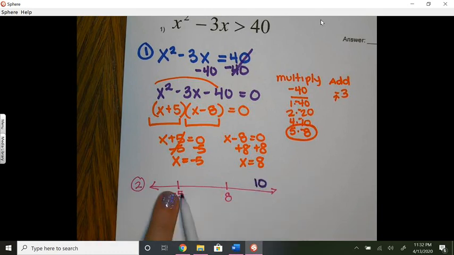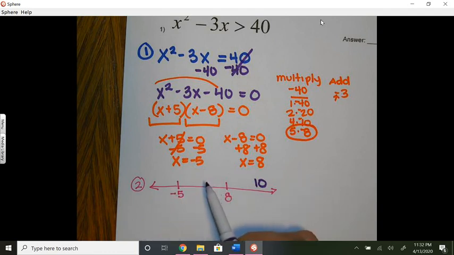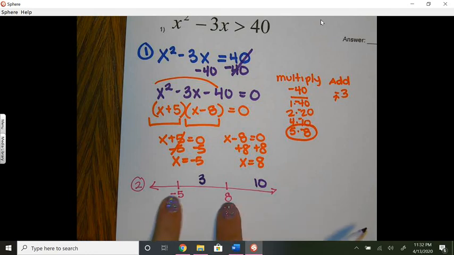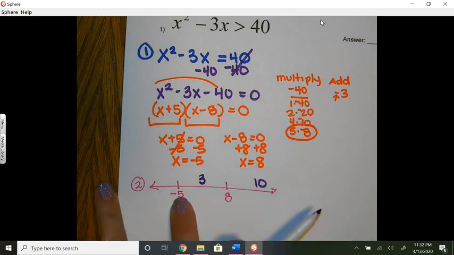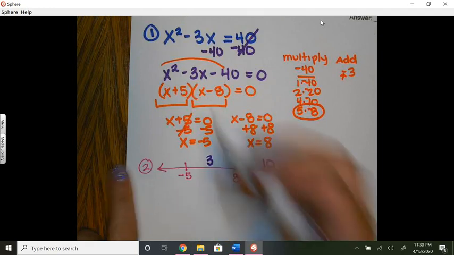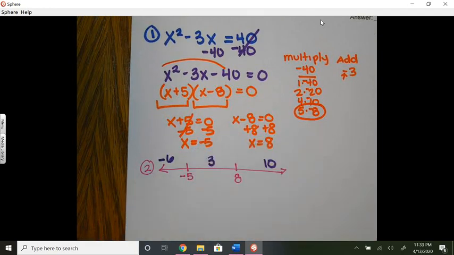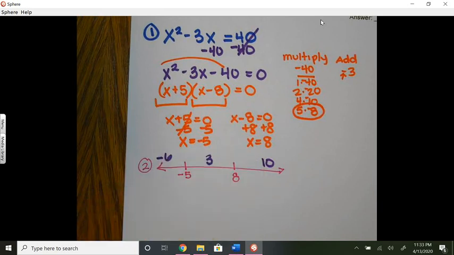Then I would pick any number in between here, so in between negative 5 and 8. I'll go with 3. 3 is in between there. And then any number less than negative 5. I'm going to go with negative 6, for instance. Whatever numbers you want that would fit in the regions. So that was step 3.